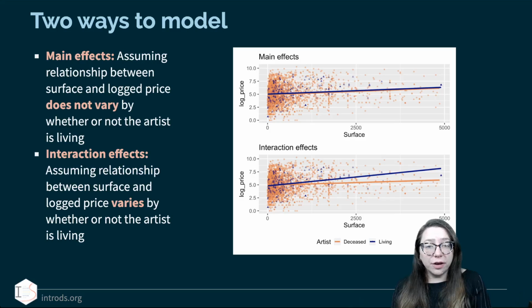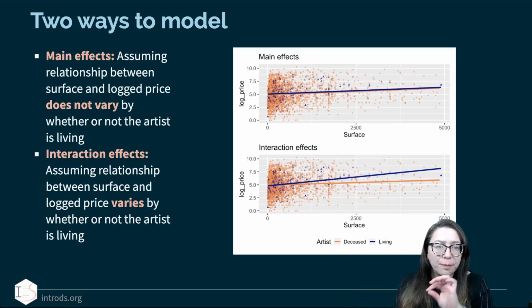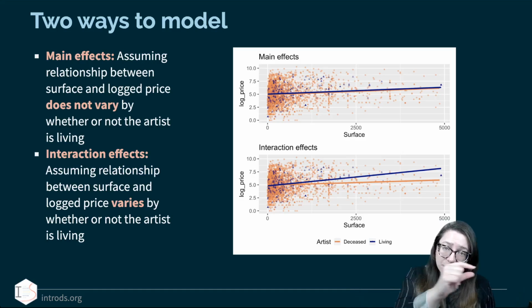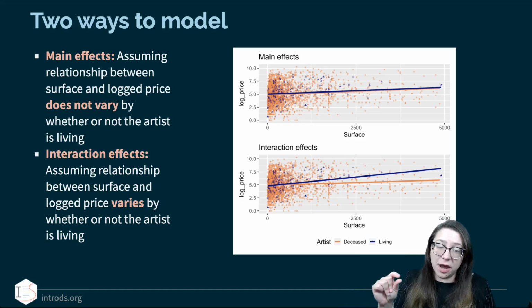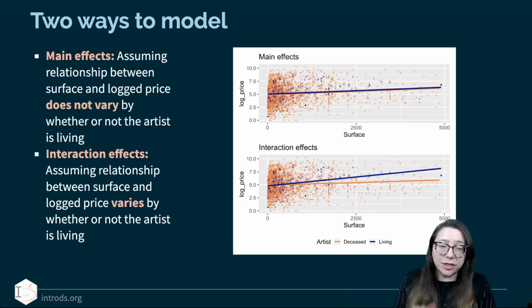So here is the picture with the main effects and the interaction effects overlaid. In the main effects picture, we can see that the lines are almost overlapping. So their intercepts are off by very little from each other. And since we've imposed a structure with the parallel lines with the same slope, they're almost on top of each other, just off by a little bit.